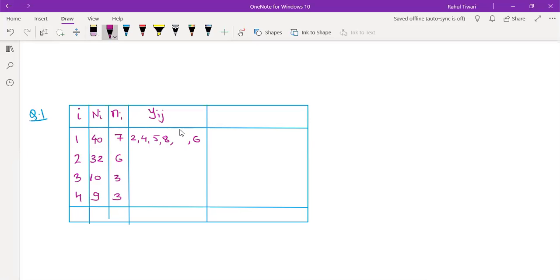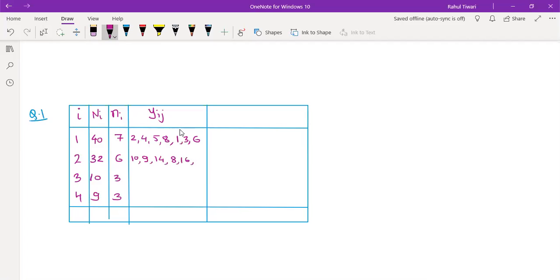This is 1, 3, 6. Then we have 10, 9, 14, 8, 16, 15.